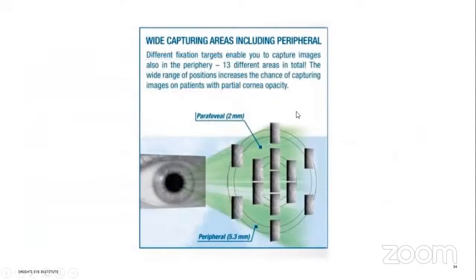So this is how the measurement areas where the instrument measures look. First, the machine measures in the center, and also six paracentral areas at 2 mm, and six peripheral areas at 5.3 mm.